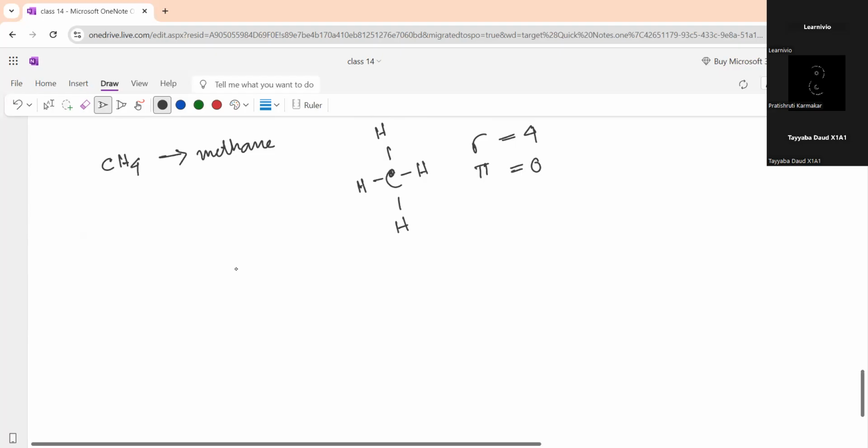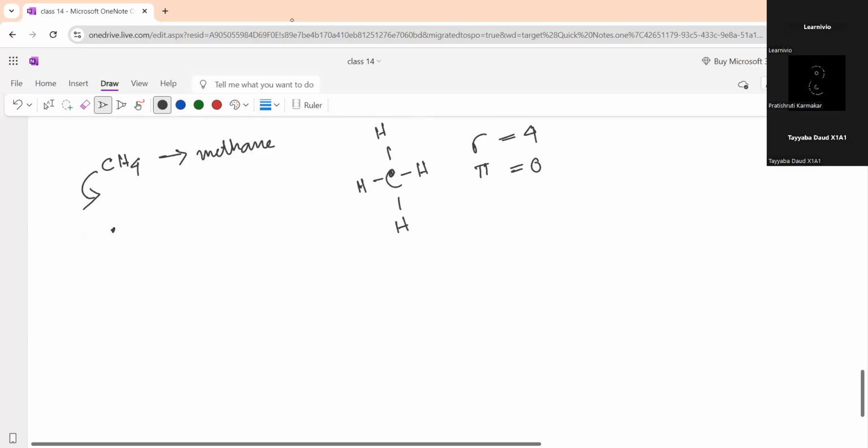Now, if I try to increase one carbon here, can you guess what will be the structure? If I increase one carbon, this is CH4, right?